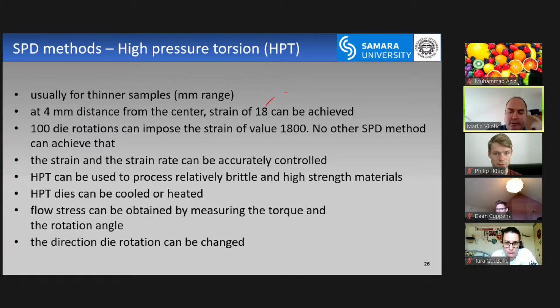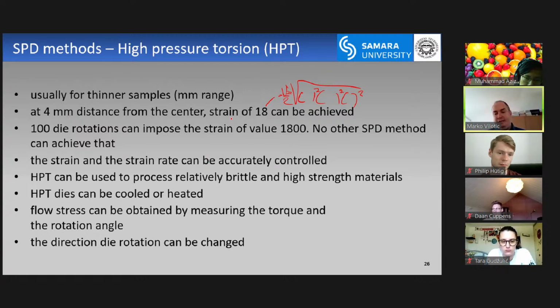So it's equivalent strain, something like 2 or 3, and then you get this equation. So, for example, in one rotation you get strain 18. If you do 100 rotations, you get 1800 strain, which is really high. No other SPD method can achieve that.